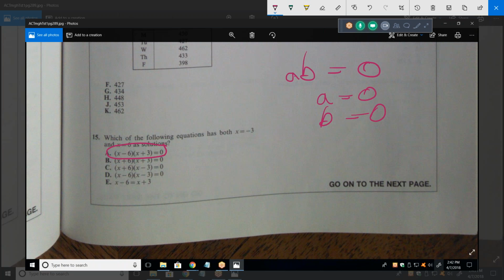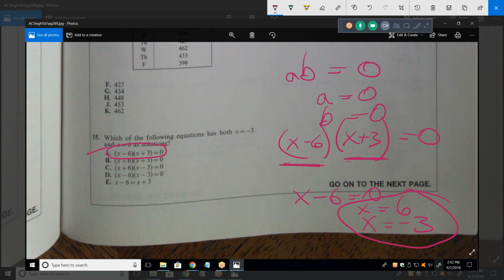So if I look at answer A, which says x minus 6 times x plus 3 equals 0, I know that has to be 0 and that has to be 0. Well, if I set x minus 6 equal to 0, I get x equals 6. And if I set x plus 3 equals 0, I get x equals minus 3. And that's what it says.